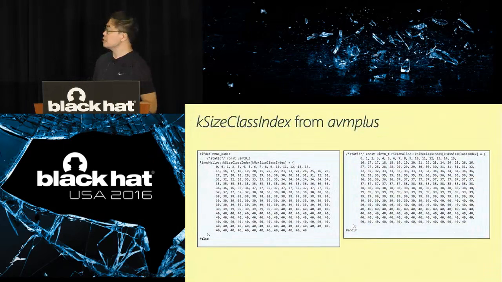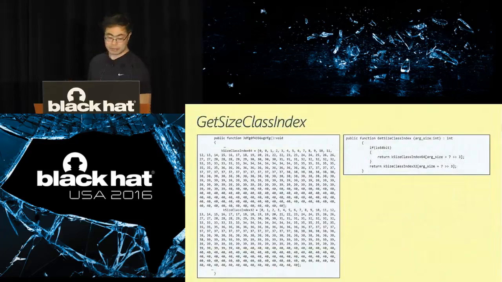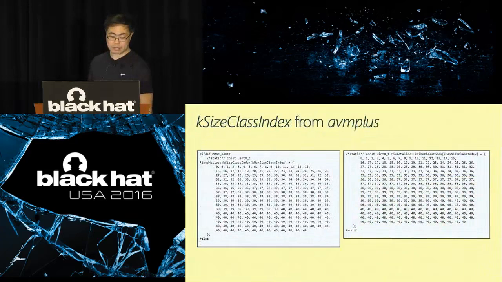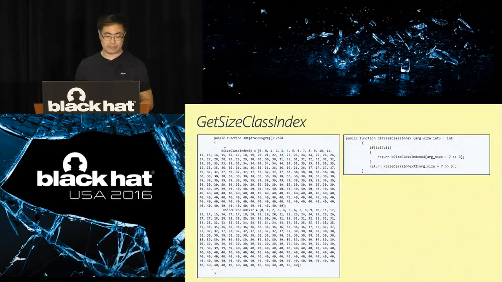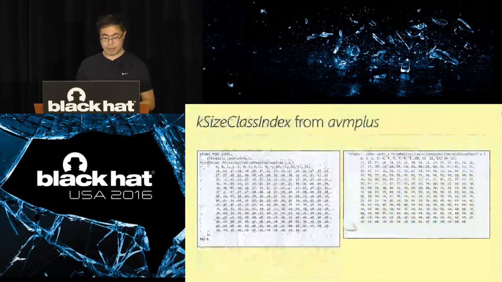This table and this table are actually the same, and this table is in the AVM Plus source code. Our suspicion is that they studied the AVM Plus source code and figured out how they can traverse the MMgc memory space.